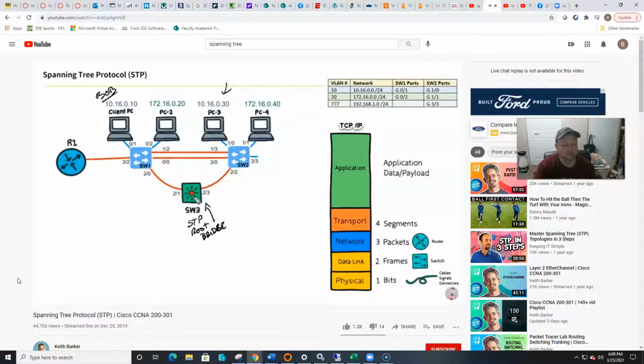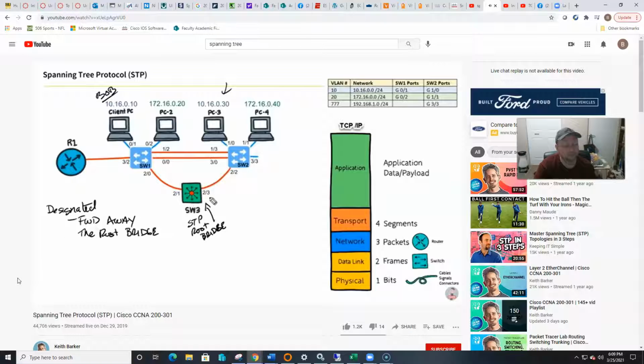Switch 3 becomes the root bridge if it has the lowest bridge ID. And we have two roles we've talked about so far. We have ports that are designated. And designated means this. We're forwarding frames away, or in the opposite direction, of the root bridge.